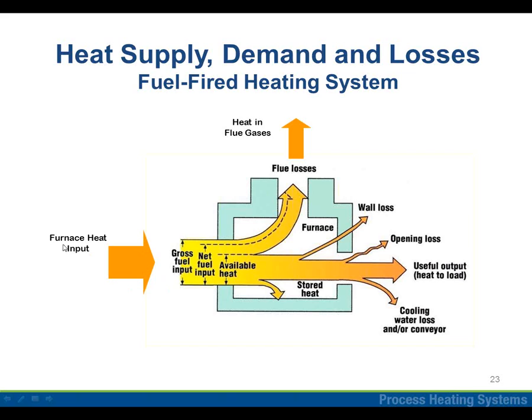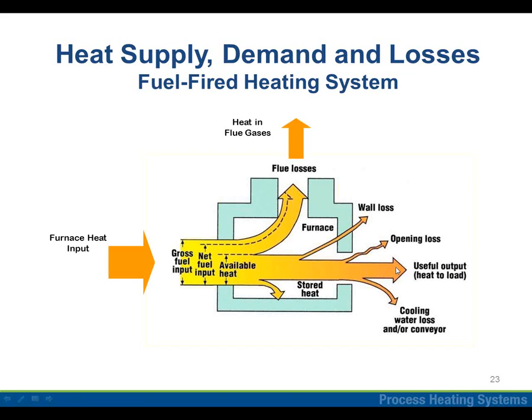That's your total furnace heat input. And then if you subtract the exhaust heat loss in the form of flue gases from your gross fuel input, you get available heat.